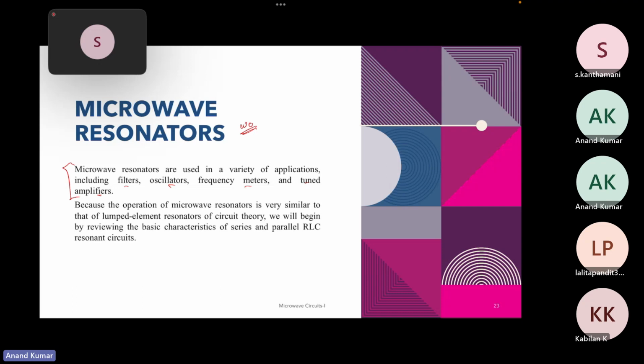And microwave resonators are very similar to lumped element resonators. So when I'm saying microwave resonators, we're talking about distributed elements, but their effect is the same as the lumped elements. So we'll discuss the series and parallel RLC resonant circuits, and this will give us a very good idea of how the microwave resonators work.